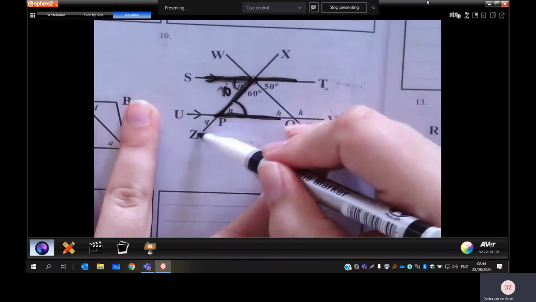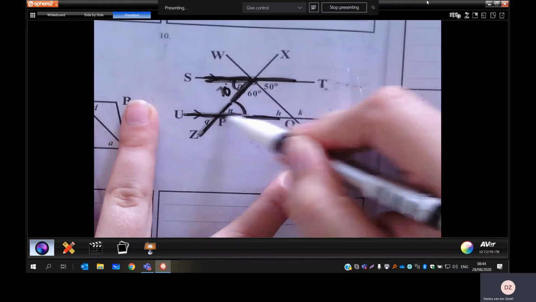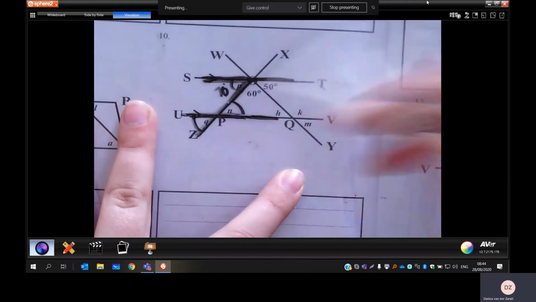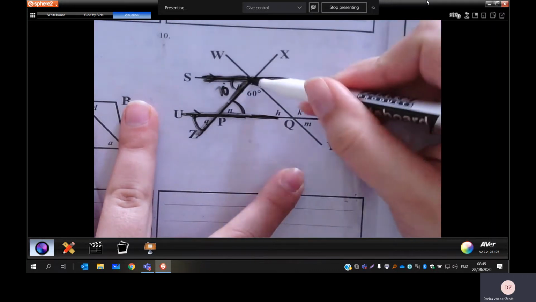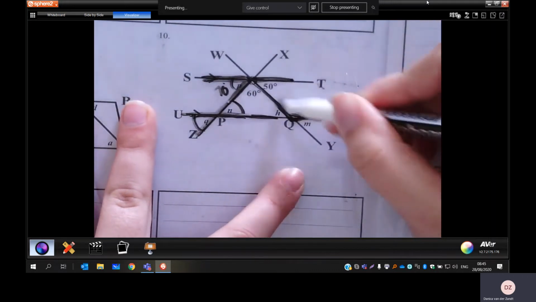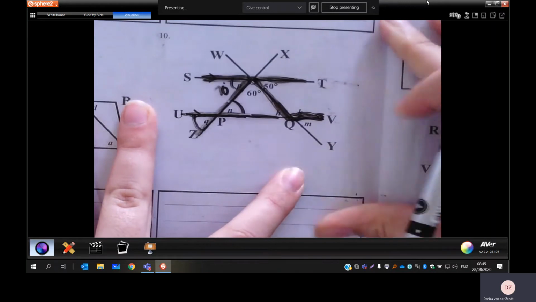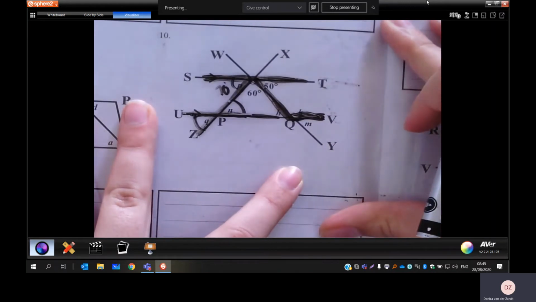Then I saw that N, P and Q are corresponding angles, so Q is also 70 degrees. Then I saw that 50 and K together are co-interior angles, adding up to 180, so K would be 130 degrees.